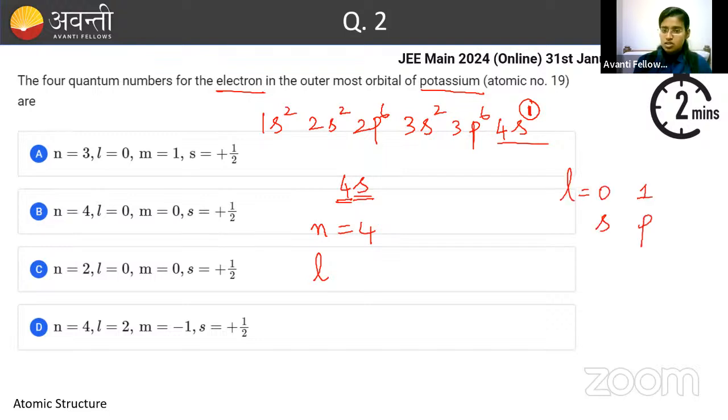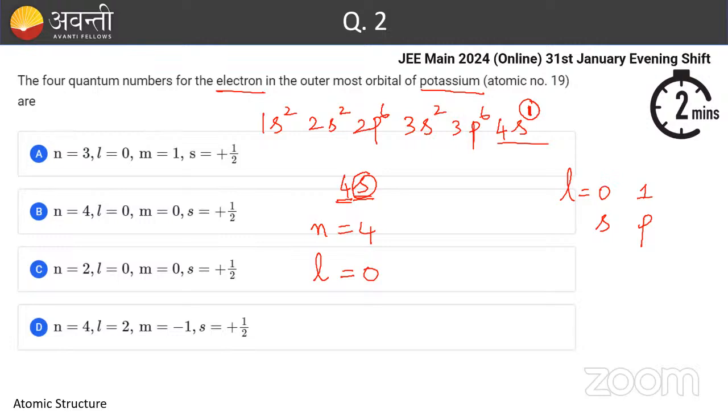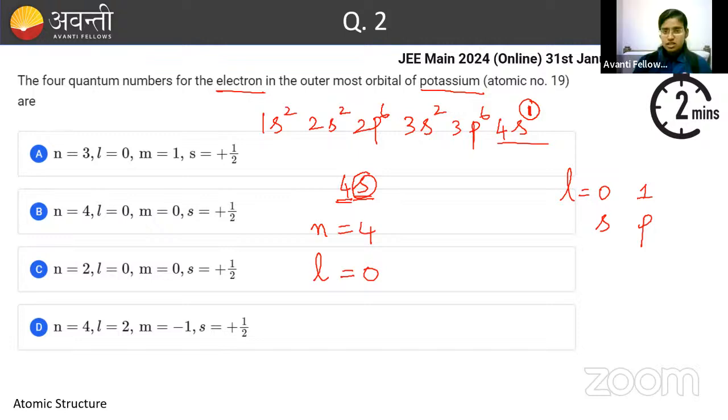Among options B and D, l equal to 0 is given in option B only. Option B is the correct answer, so we can straight away go for that.